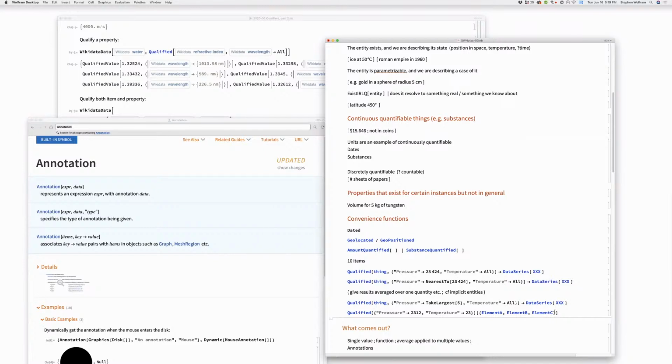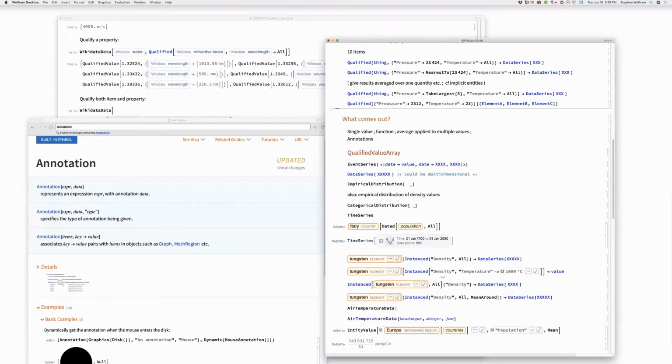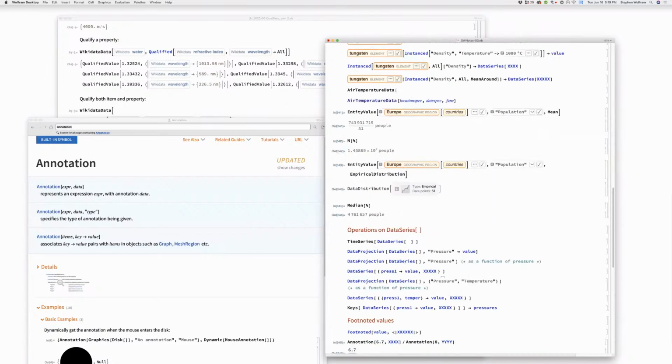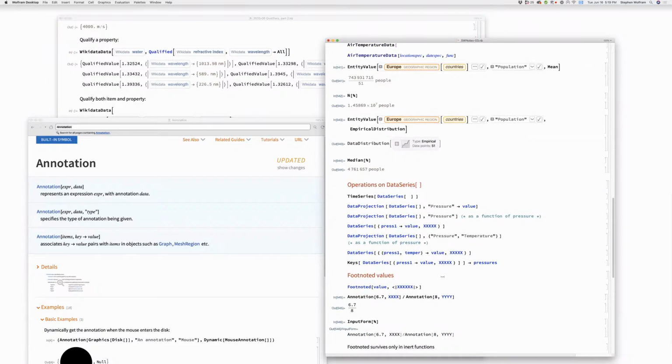Right. Okay, so look, I think here's what we should do. Why don't you try and sort of clean up the concept of this qualified thing? And I don't really like series. What's that? The data series. I think we have to do some thinking and playing around with this. Right, and what its operations would be, which will be analogous to the multi-dimensional analogs of the operations of time series, but that should also be looked at with respect to the new geo statistics stuff, which will already have 2-dimensional things which have to be projected in various ways.